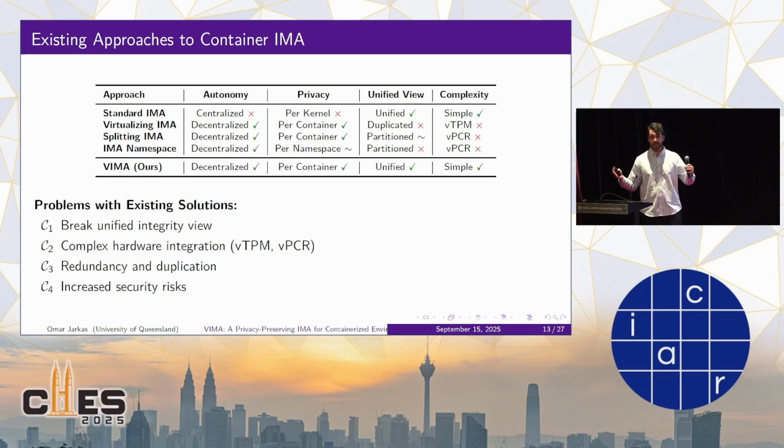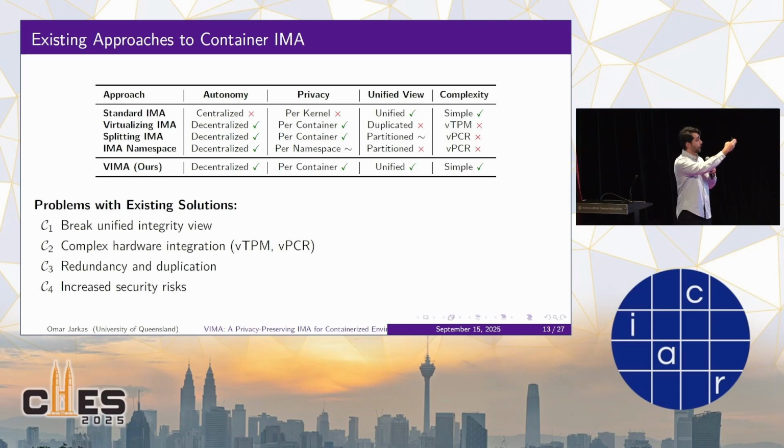In order to have this integrity view, you have to add duplication in terms of verifying the container and then verifying the system separately. That also produces a lot of hardware integration complexity when you want to integrate those measurements into the TPM.